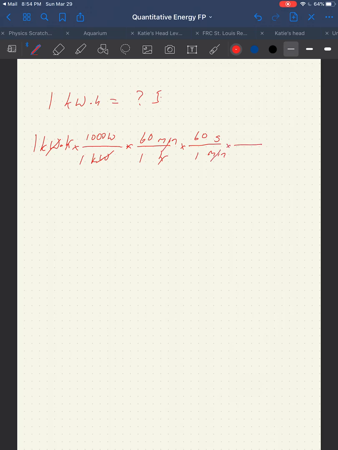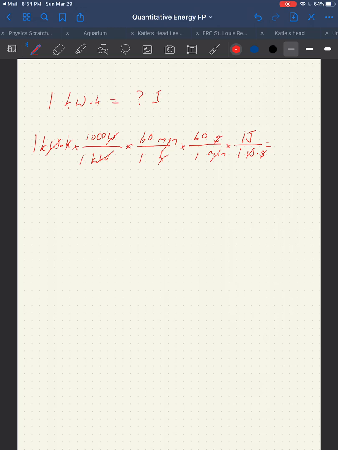And now, that wonderful fraction that we learned a couple pages ago, 1 watt second is 1 joule. And now seconds goes away. Watts goes away, and we're left with joules.